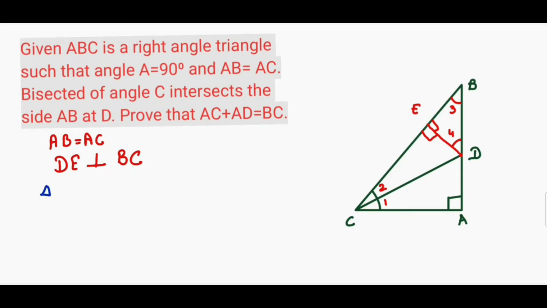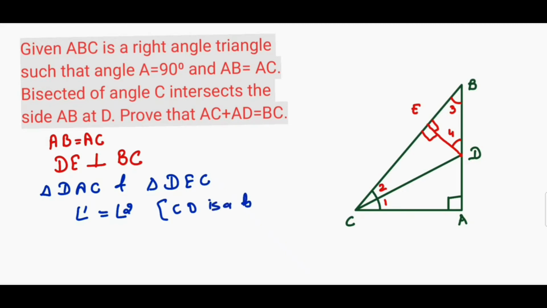So first I will take these two triangles, triangle DAC and triangle DEC. So here in these two triangles, angle 1 is equal to angle 2 because this CD is a bisector of angle C. So this angle will be equal to this angle, correct?